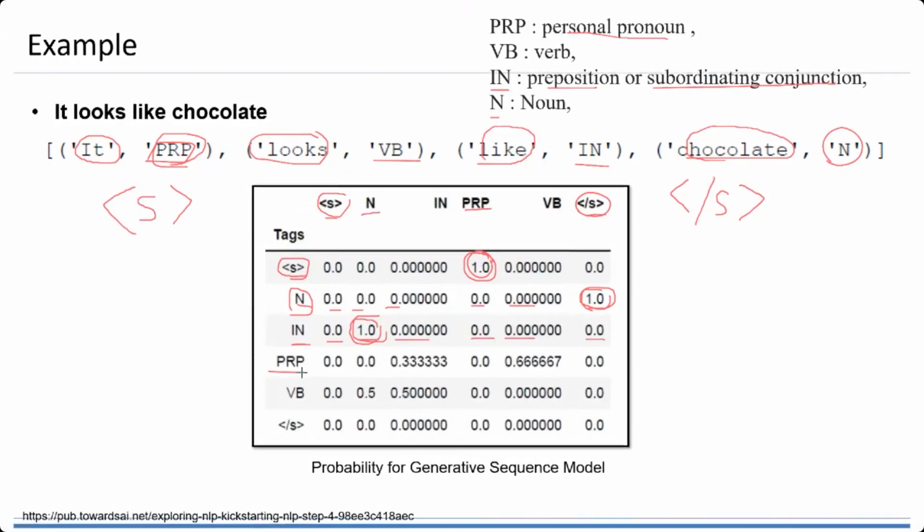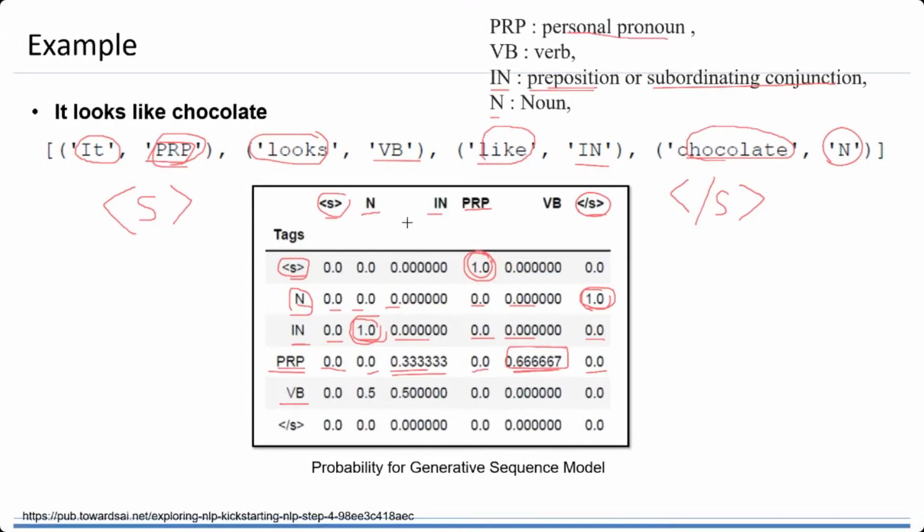For PRP, here we have 0, 0, 0.3, 0, 0.6, and 0. After PRP, it is followed by verb with 0.666, and then after PRP it is followed by the preposition in with 0.333. And we can follow with the highest probability.